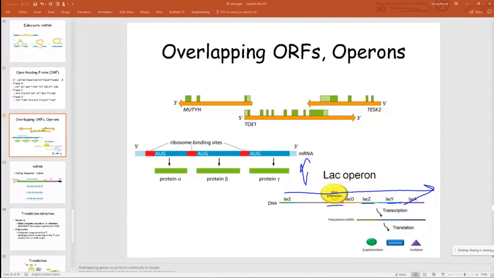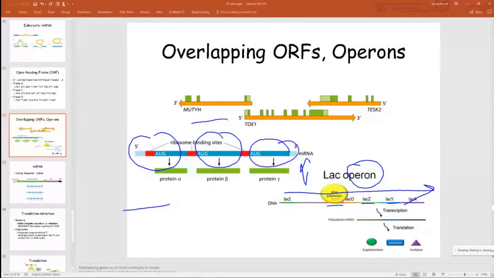So what would be the advantage of this? Any suggestions? So why should we have operons? Why not just produce this one as a separate messenger RNA, that one as a separate messenger RNA, and this one as a separate messenger RNA?